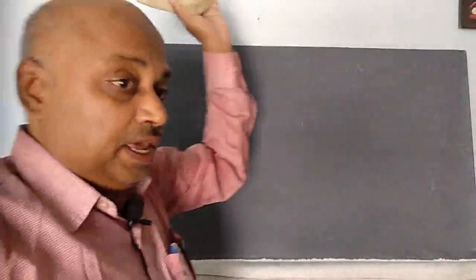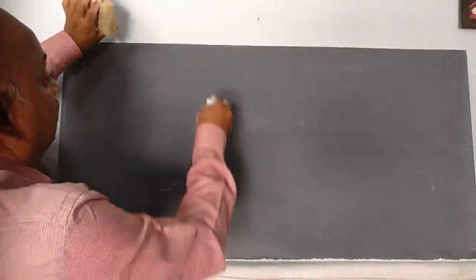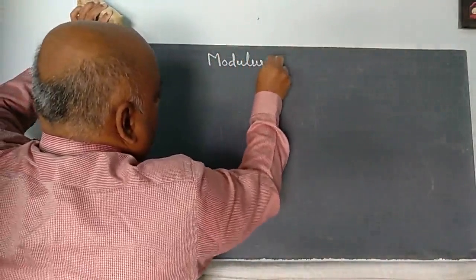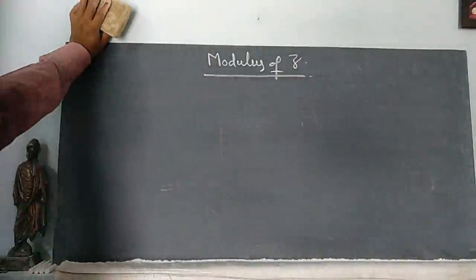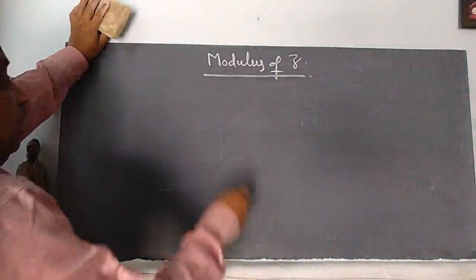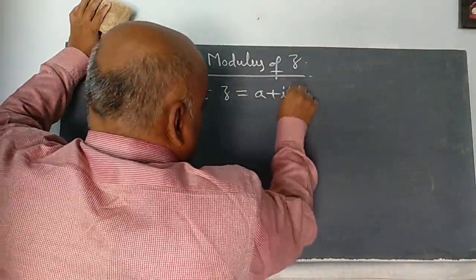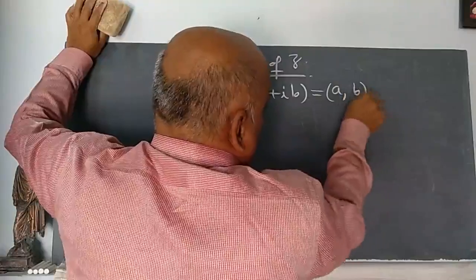The next concept is modulus of z. Modulus of a complex number. Let z is equal to a plus ib, which is always an ordered pair a comma b.